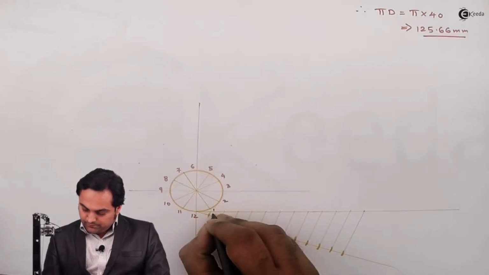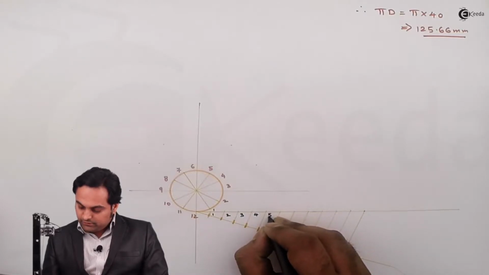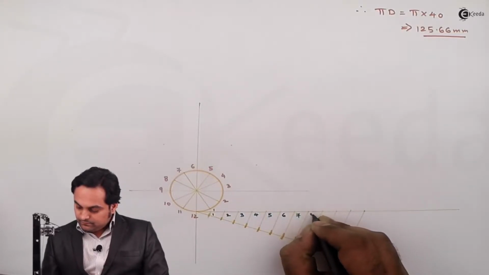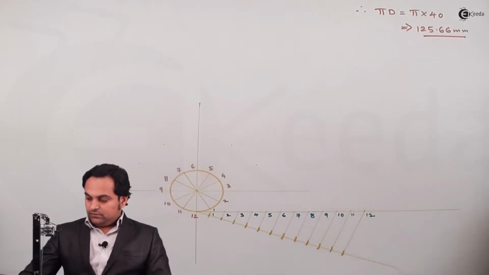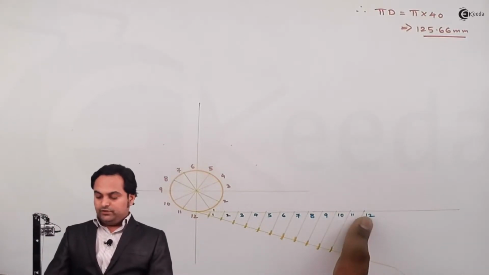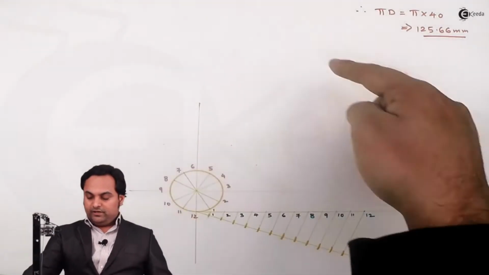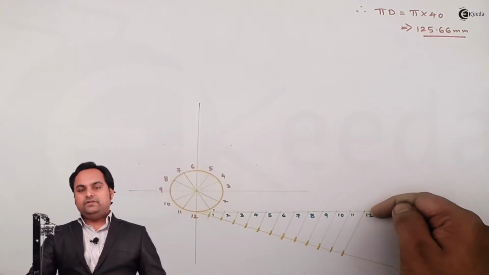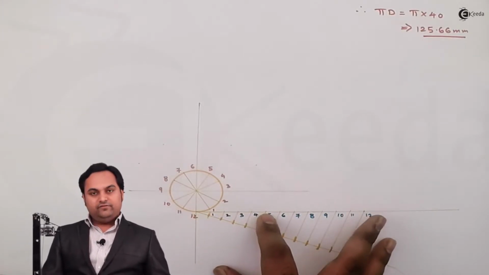Point 1, 2, 3 and in order. Now in this case, if the length of the string is not given, we can start with point 12, or in other words, when this involute is complete, it will come back at this point, that is starting with 1, it will end on 12.